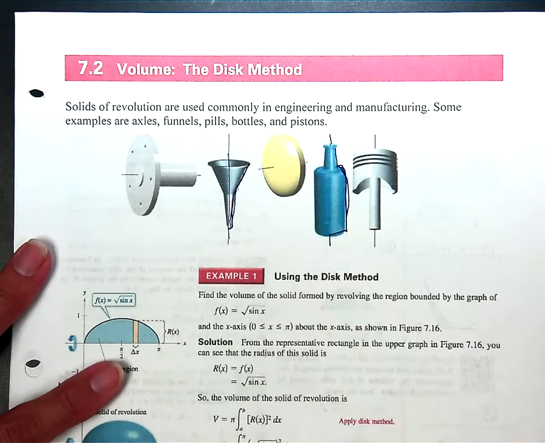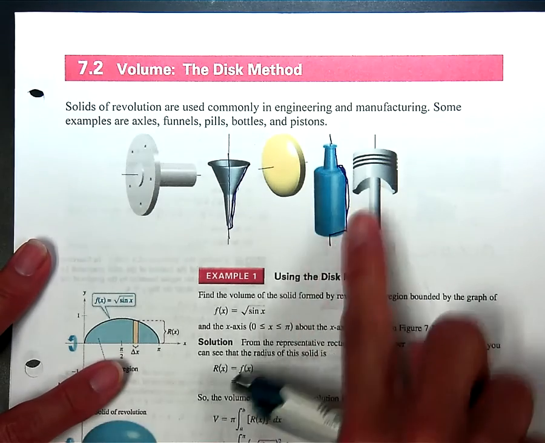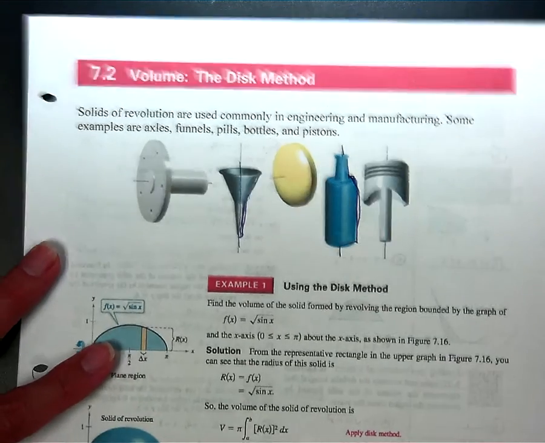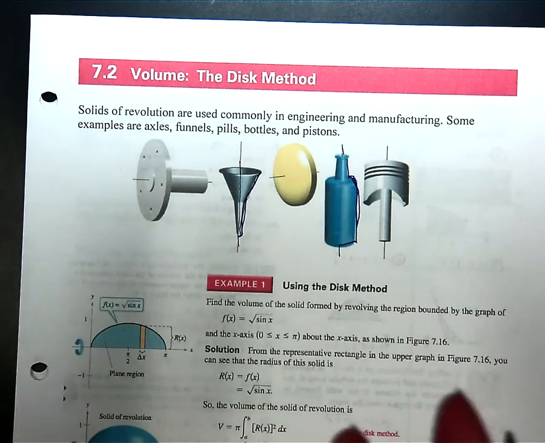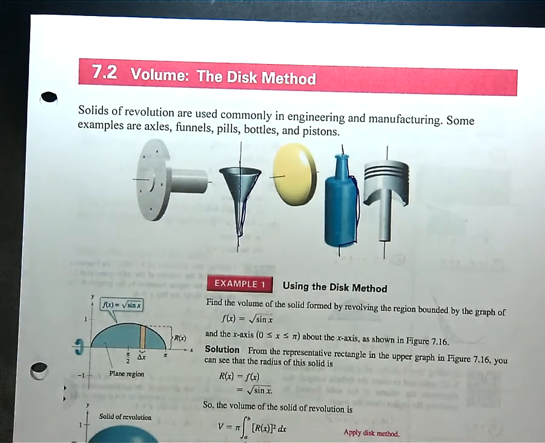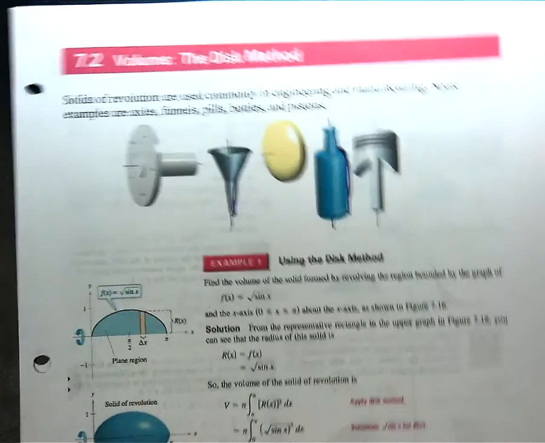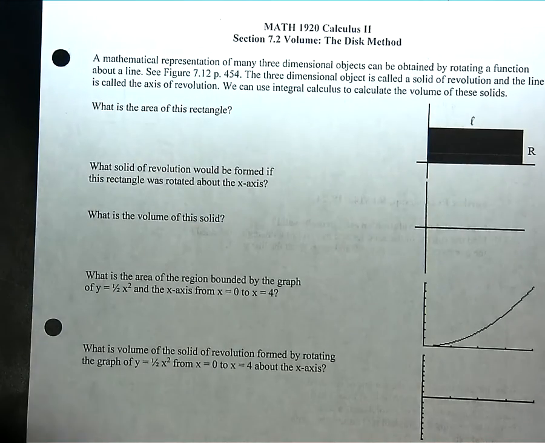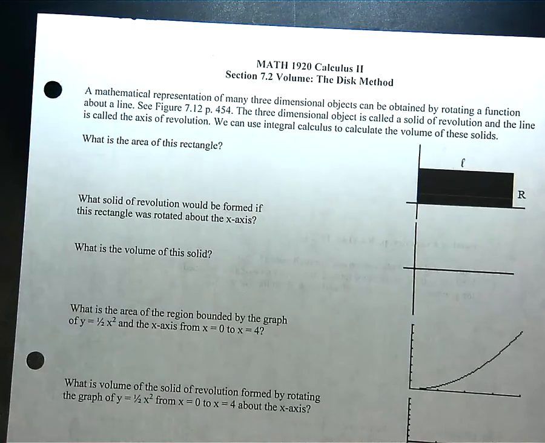If I had that shape and spun it around the y-axis, it would generate that bottle. So things with symmetry like that are often solids of revolution or something similar. I just want to show you that they exist. And now let's figure out how to determine the volume of a solid of revolution. We're going to build up to it slowly.